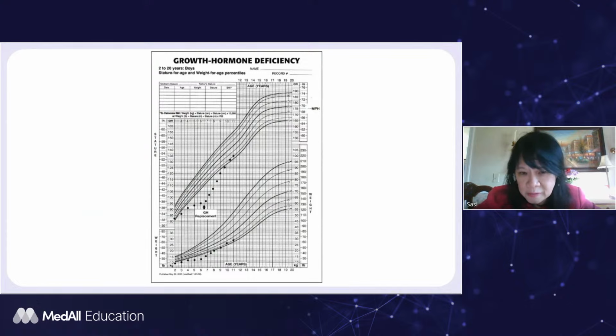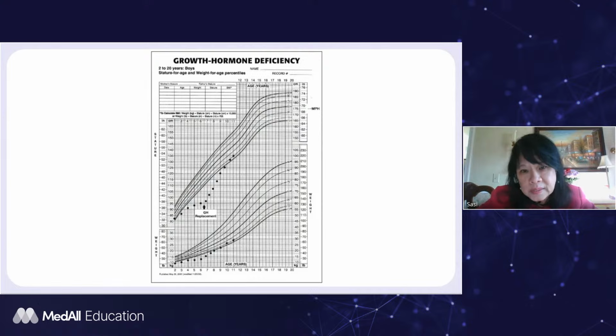You can see that during the first year or first couple of years of treatment, they have a rapid, robust growth response. The height velocity could be double the normal growth rate, up to 10, 11 centimeters per year. And this is the catch-up phase that helps to restore height back to the normal height.